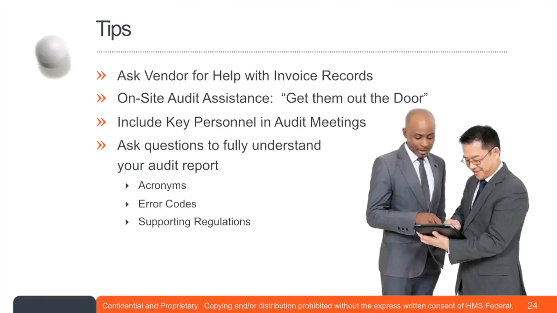So for instance, if there's a finding or an error that says, let's say, the prescription was missing a signature, then there would need to be supporting state regulations or supporting regulations in the policy and procedure manual saying that a prescription does indeed need to be signed. So whatever error there is, there should be a correlation with the regulation that backs up that error.